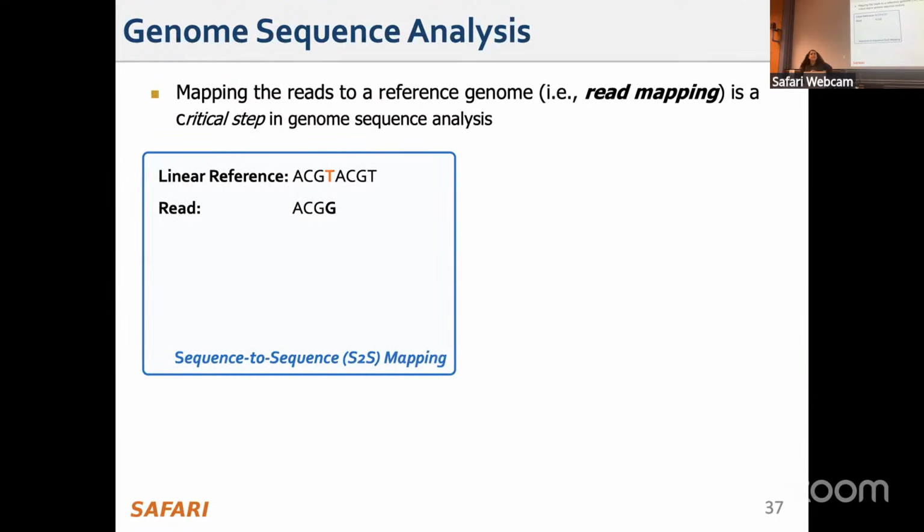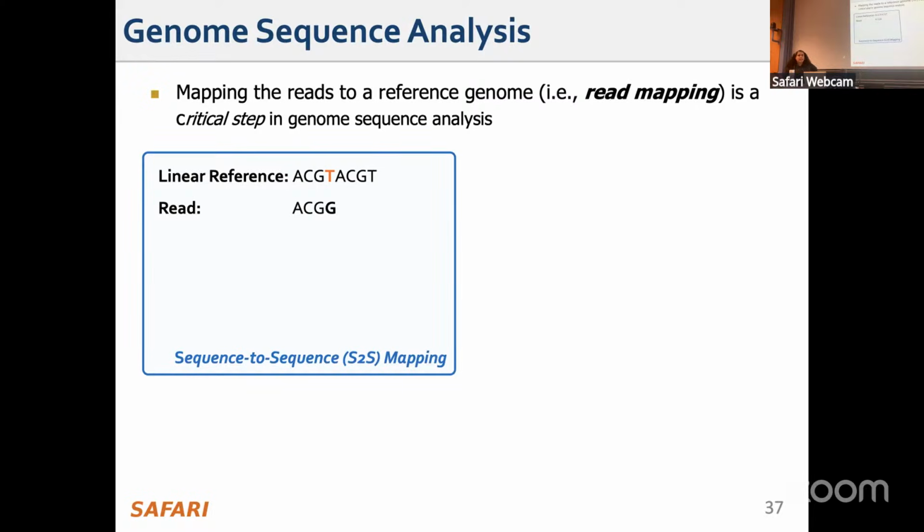But in reality, having a linear reference genome is too simplistic. If you remember my earlier example, I was saying that imagine we have this healthy human genome and we want to map some reads from a patient to it, to detect the source of some diseases or to find genetic variations that can cause problems.